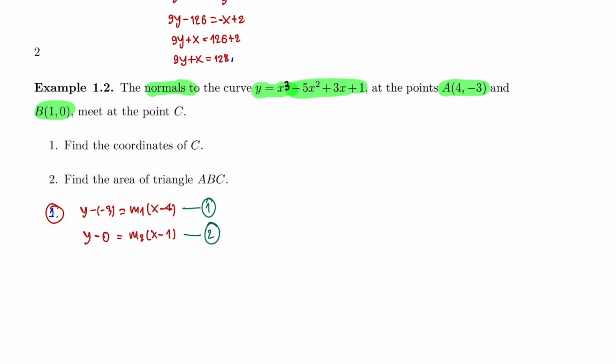All you have to do is find the gradients of the normal, m1 and m2, where m1 and m2 are the gradients of the normal at point A and B respectively.